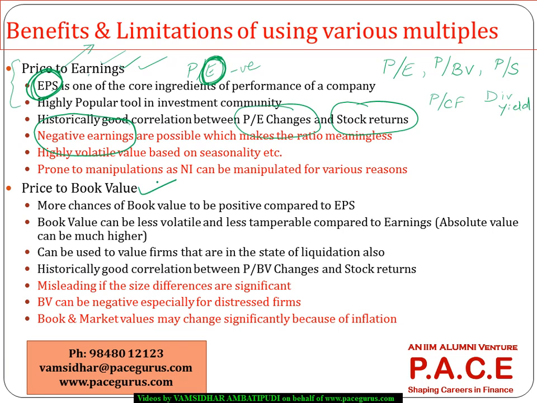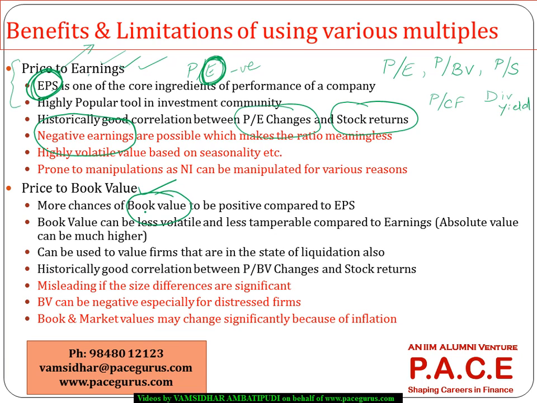Then the alternative to that is price to book value. Generally, one positive we see is that book value is more likely to be positive compared to earnings, because book value is a balance sheet concept which is more of an accumulative piece.